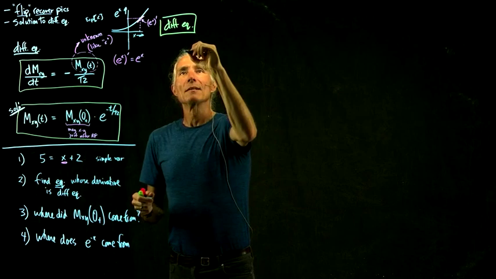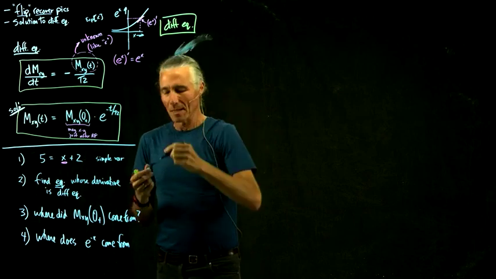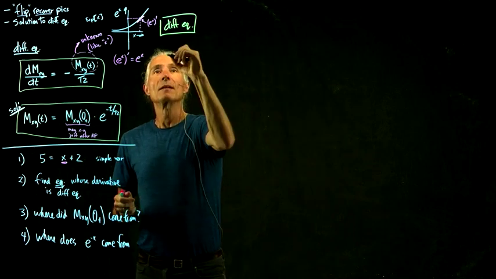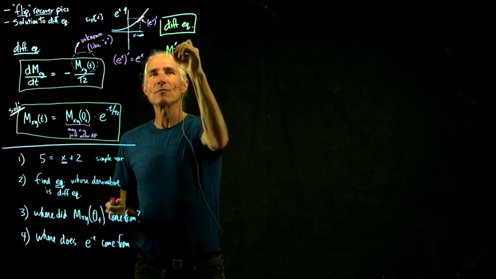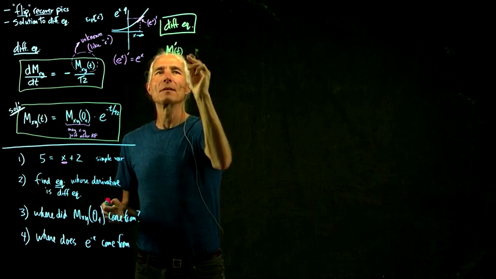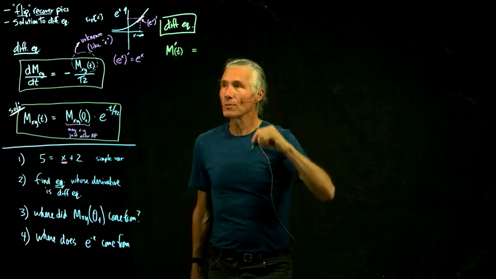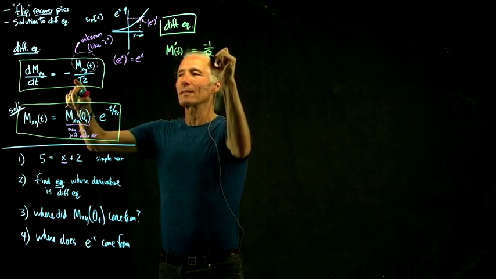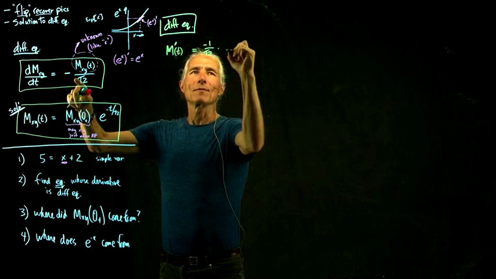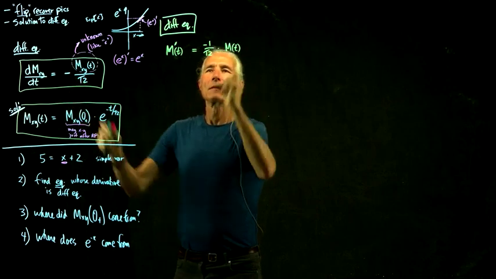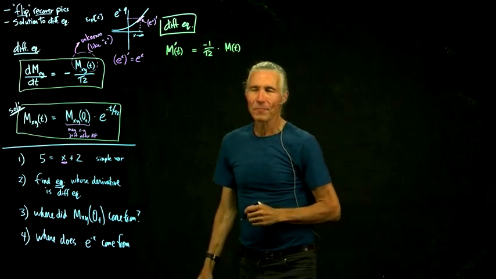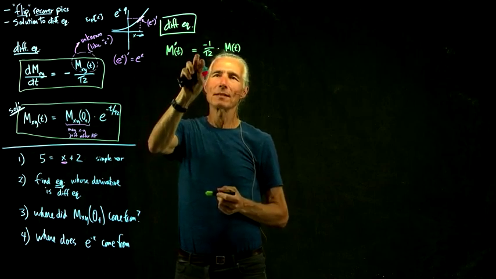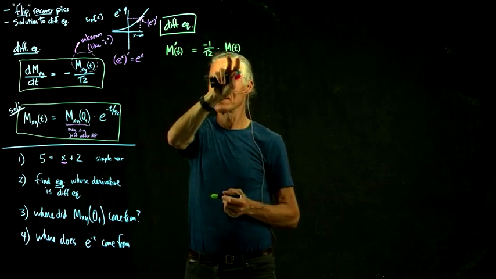Basically, the derivative of some unknown function at a particular point in time is just equal to minus 1 over t2, just take this constant out, times the function. All I do is rewrite the equation even simpler: derivative of function equals a constant times the function at that point in time.